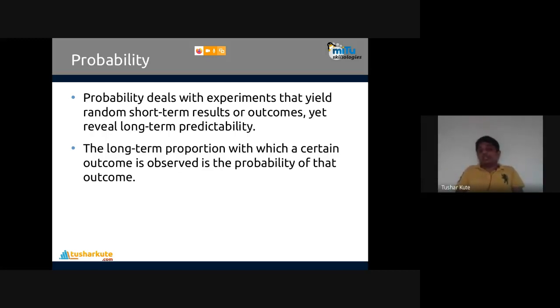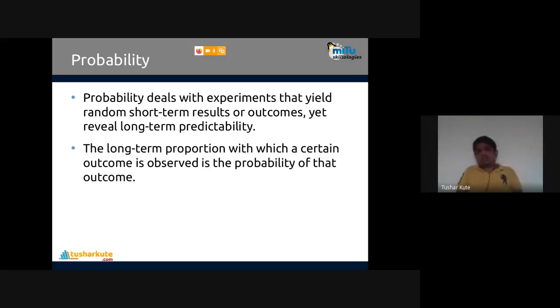Probability deals with experiments that yield random short-term results or outcomes, yet reveal long-term predictability. Short-term randomization is there; most of the random variables are present in probability. Short-term outcomes are present, but they can reveal long-term predictability.